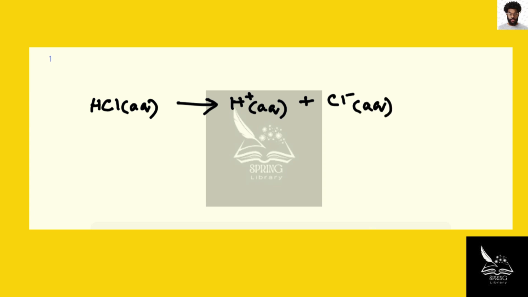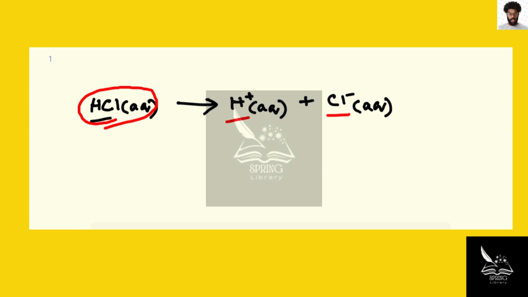Since HCl is a strong electrolyte, the total amount of HCl will be completely dissociated into its ions H plus and Cl minus in an aqueous solution.